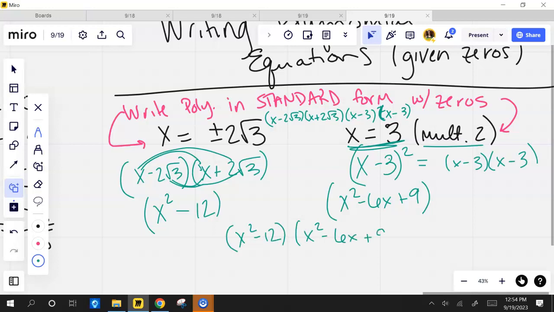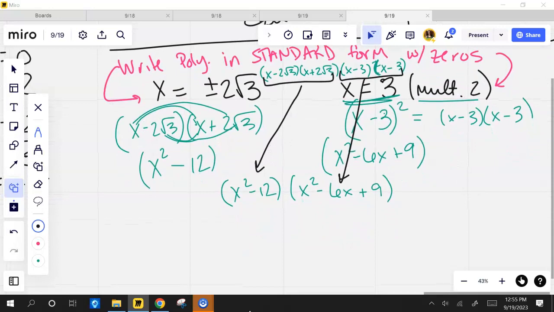Multiply them. So all I did here was I took the first two and I multiplied them together. That's how I got this one. I took the next one, I multiplied those together. That's how I got this. Now I'm going to put both of those together. I used the zeros that were given.